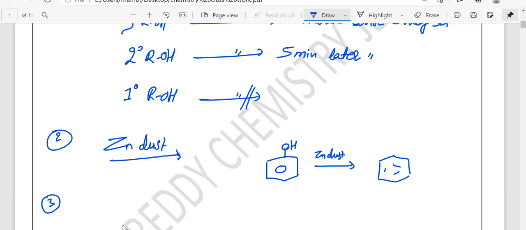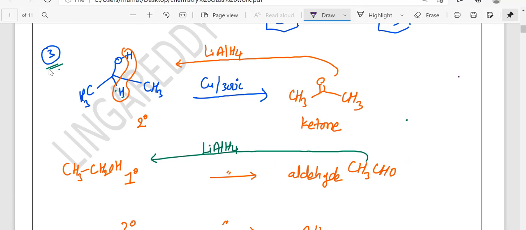Then the third one is copper at 300 degrees Celsius. This copper at 300 degrees Celsius is a dehydrogenating agent for alcohol.